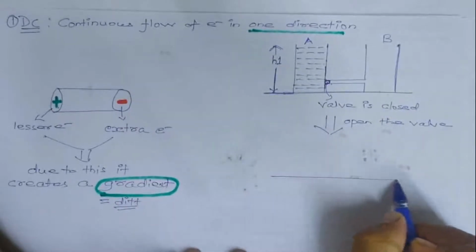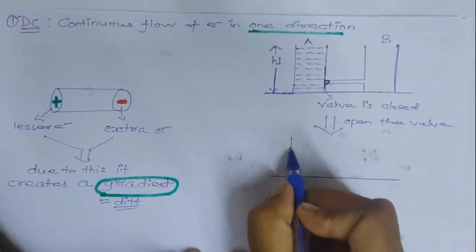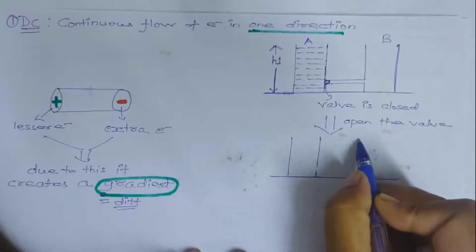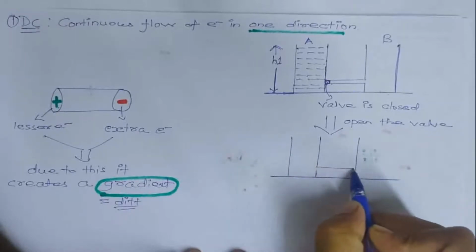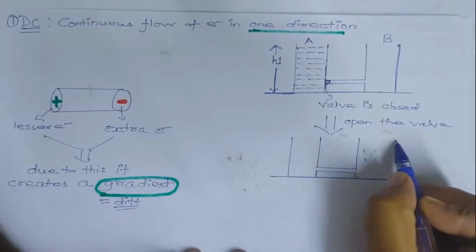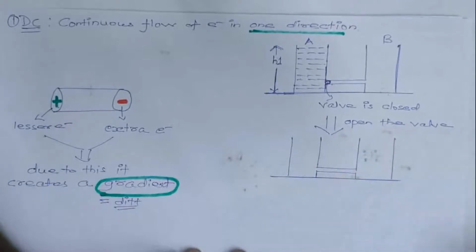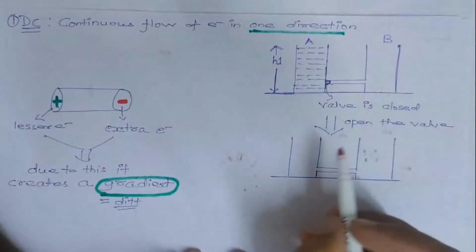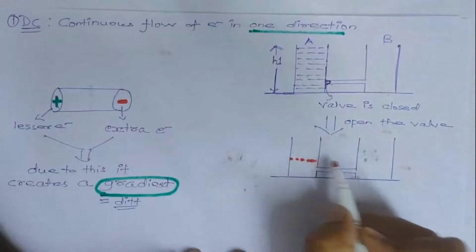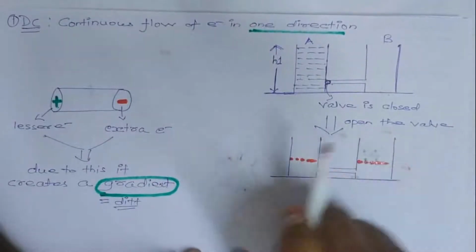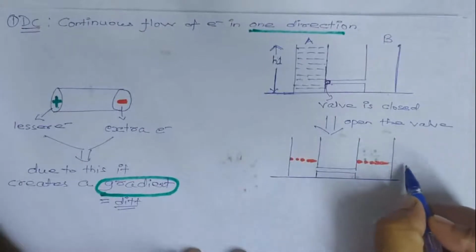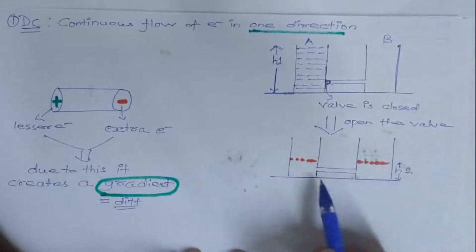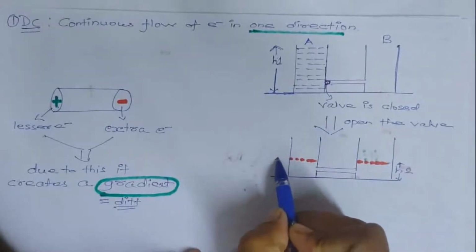It will continuously flow between the vessels till the level of water becomes equal. So this is the final level of water. If you check the height of water in both glass containers, you will find it is the same. I am representing it with H2.